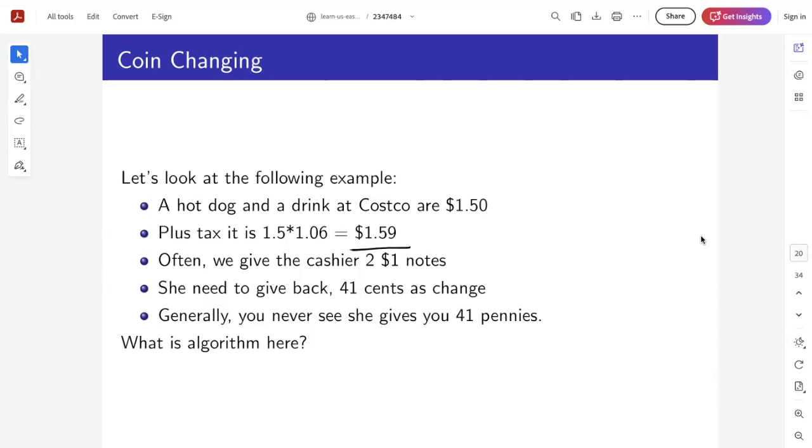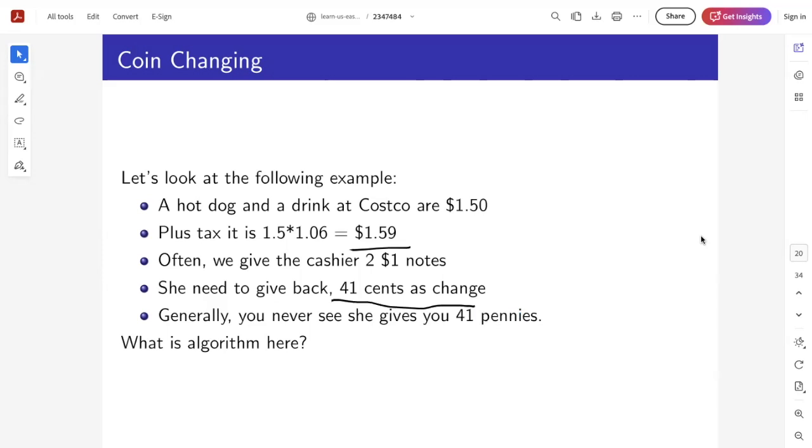So often we would give the cashier, if you have bills, two $1 bills, let's say, or maybe a $10 bill and so on. After the dollar bill was given, then it comes to coins. How do you figure out the smallest number of coins as change, right? In this case, the cashier will need to give back 41 cents as change.